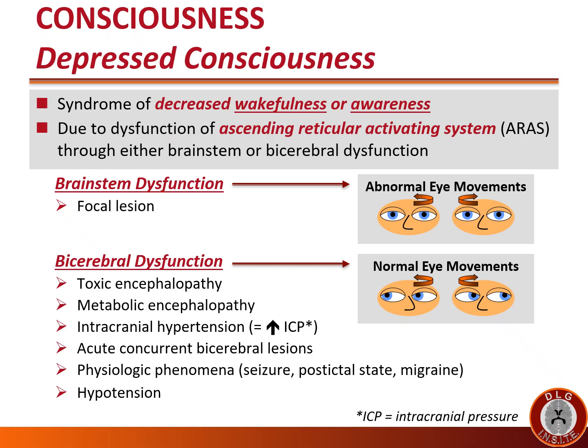We'll explain why momentarily. Bicerebral dysfunction, on the other hand, which has many causes, most commonly toxic encephalopathy and metabolic encephalopathy, but other causes listed here: intracranial hypertension, acute concurrent bicerebral lesions, physiologic phenomena such as seizures, post-ictal state, migraine, and hypotension, has normal eye movements. And again, we'll explain the reason for that momentarily.